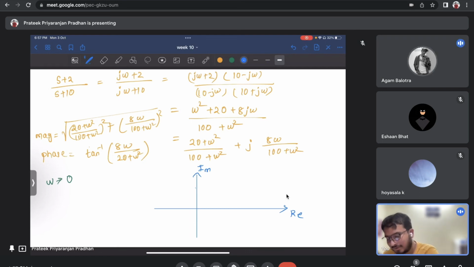Little bit wrong. Yes, exactly. So it will be 0.2 for omega equal to 0. Then the angle is 0 degree. Okay. So for omega tends to infinite, calculate it. What is the magnitude for omega tends to infinite?